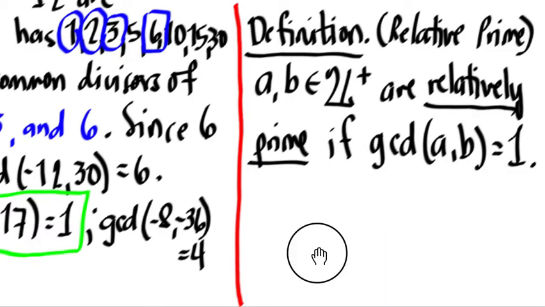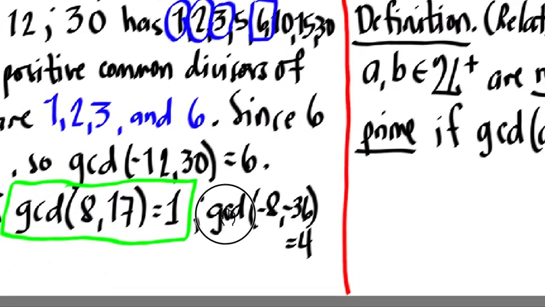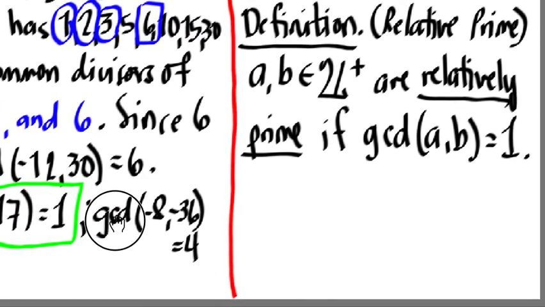Again, just like in our example here, 8 and 17 have a common factor of 1, so therefore 8 and 17 are said to be relatively prime.